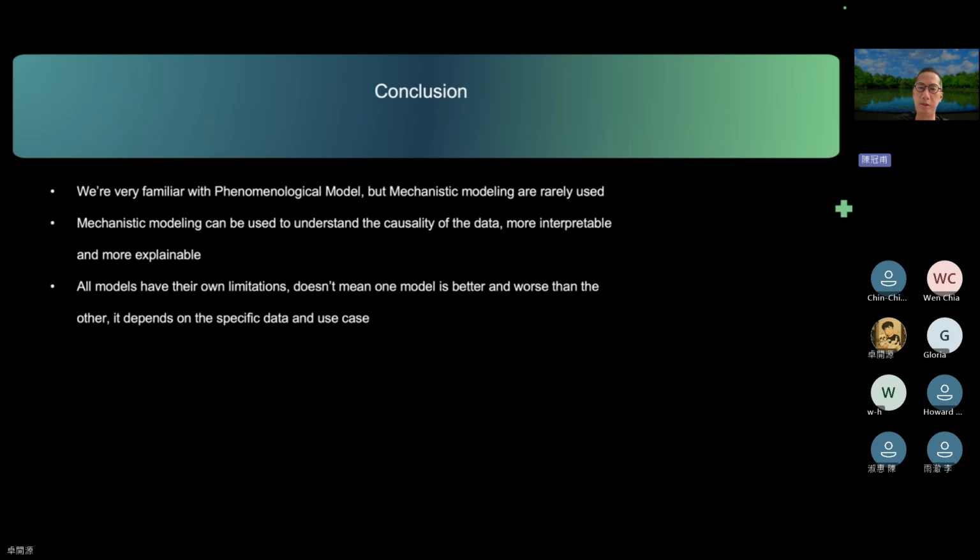So they tend to use the mechanistic model. But on the other hand, sometimes we want to make some conclusion by simplifying our observation. So that's also something that people love to have.